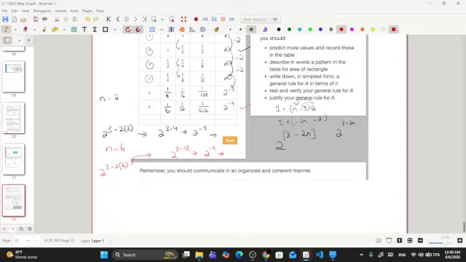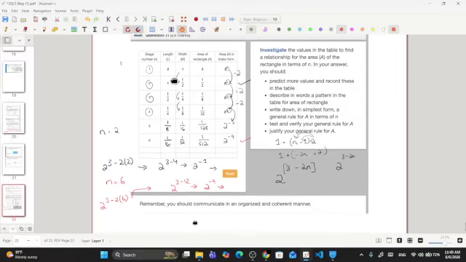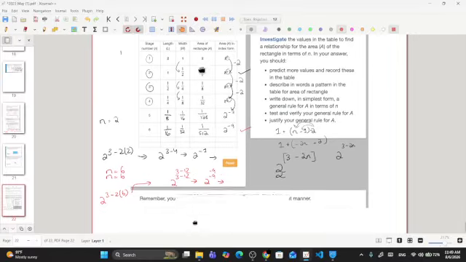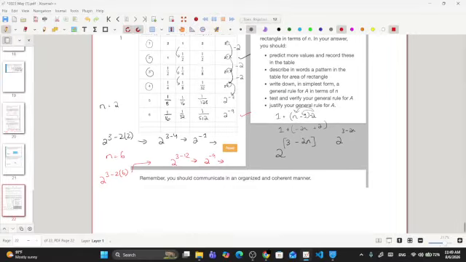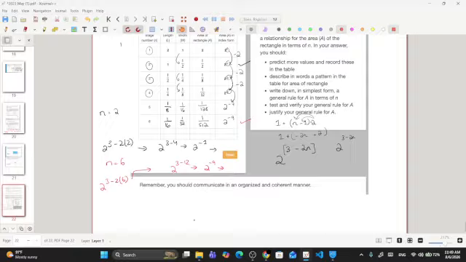Now we have to solve the justification part. How do I justify my answer? Look, justify your general rule for A, for the area. Area is essentially length times width, right? So let's find the general rule for length first.